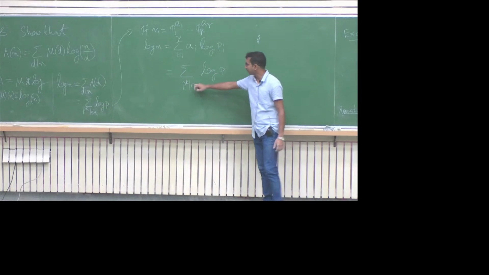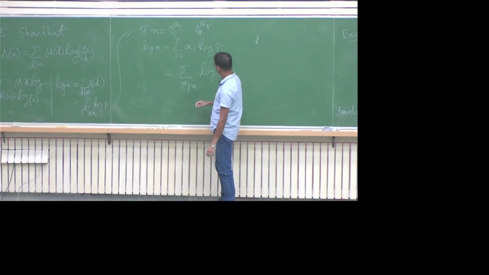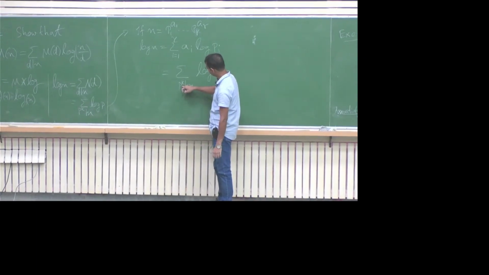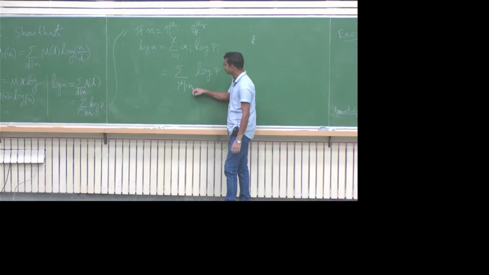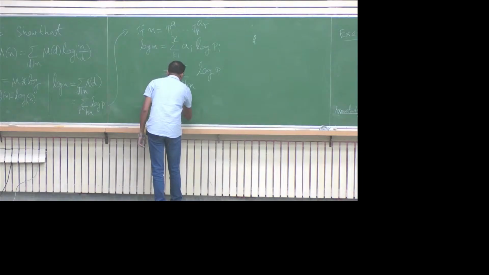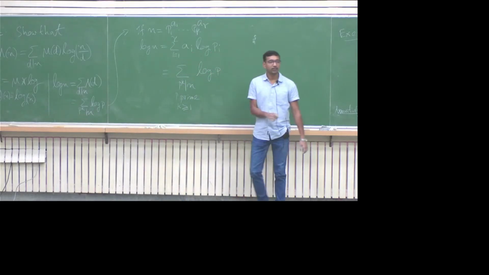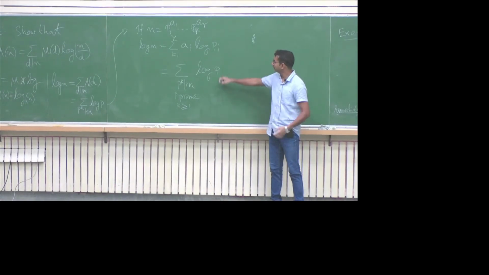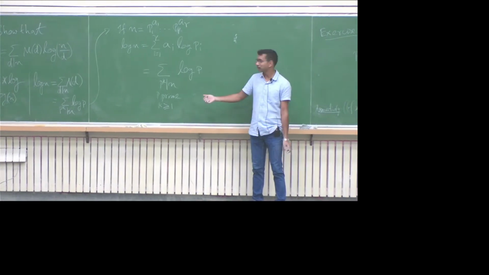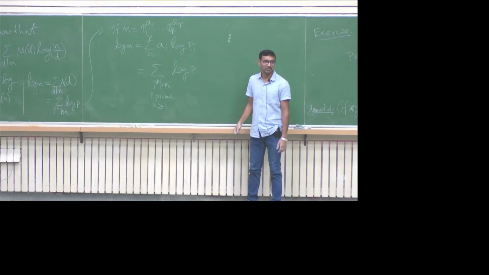Actually, this is running over each power of the prime p. And of course, k is greater than or equal to 1. Because otherwise, we will have log p contributions from the other primes which are not dividing this.